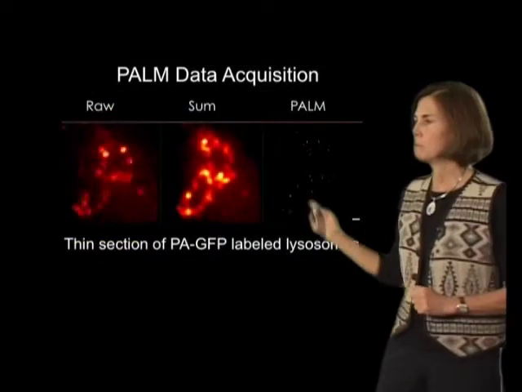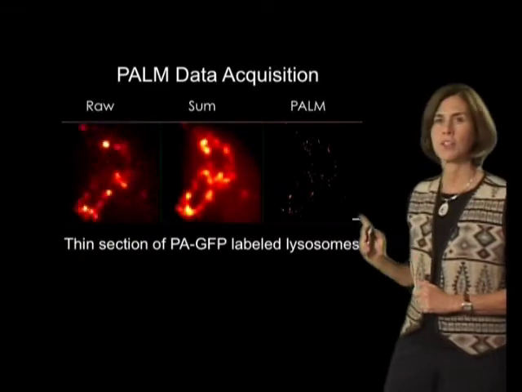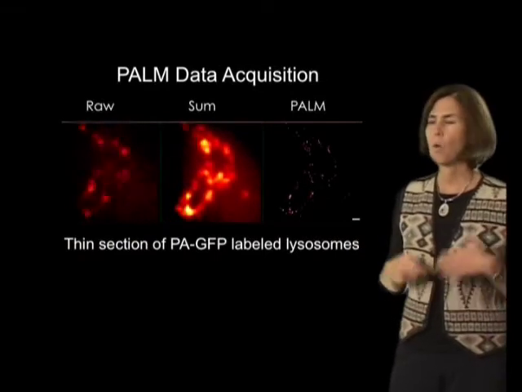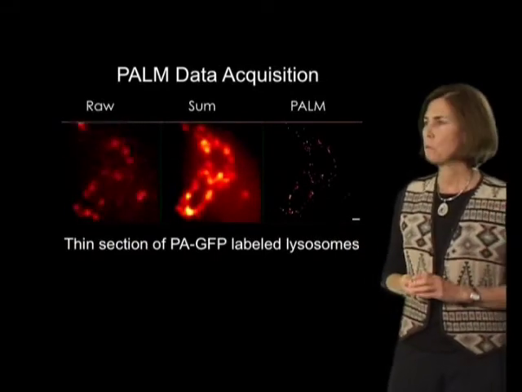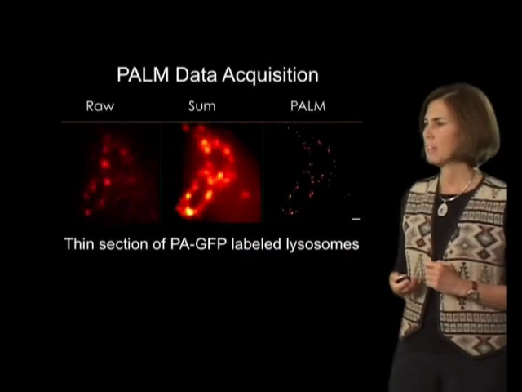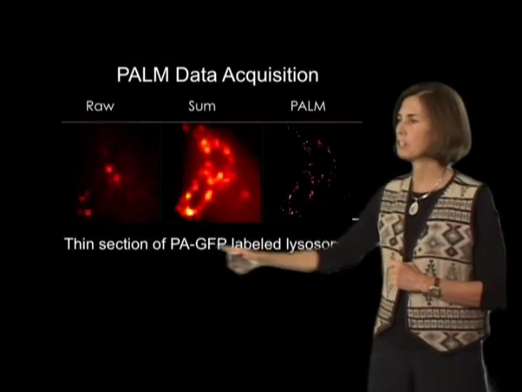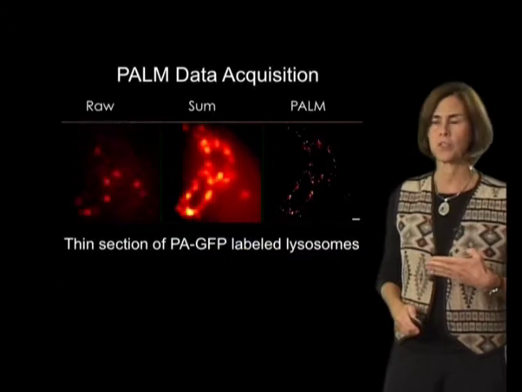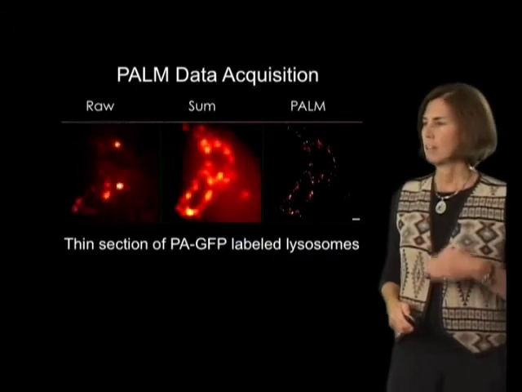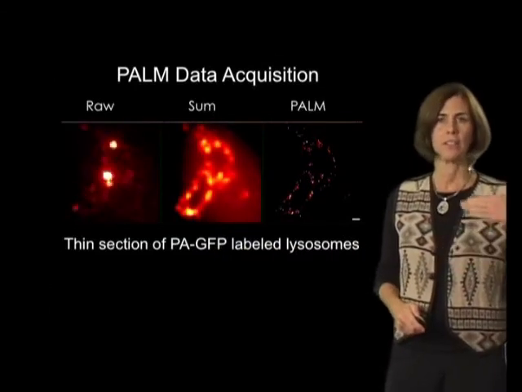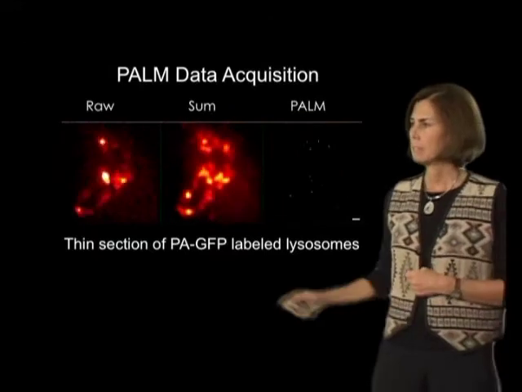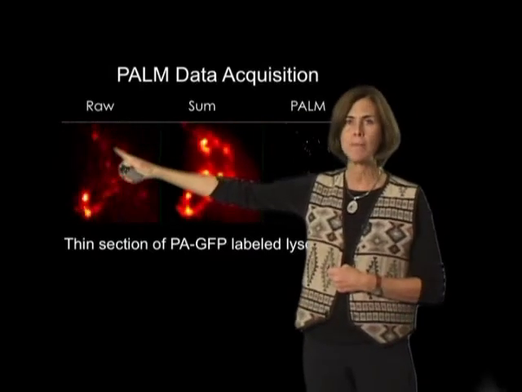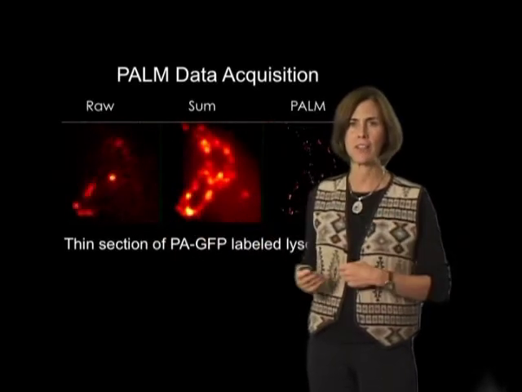Now, this movie sequence here just illustrates how one can go about acquiring data for this type of super-resolution analysis. So this is a thin section through lysosomes within cells that are expressing a photoactivatable tagged lysosomal membrane protein. To the right is the raw image where you can see how we're photoactivating the molecules that are distributed on the membranes of these lysosomes.